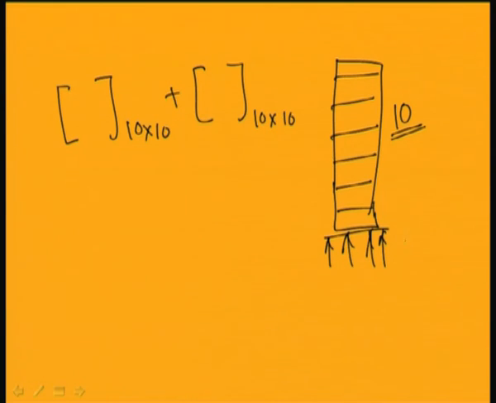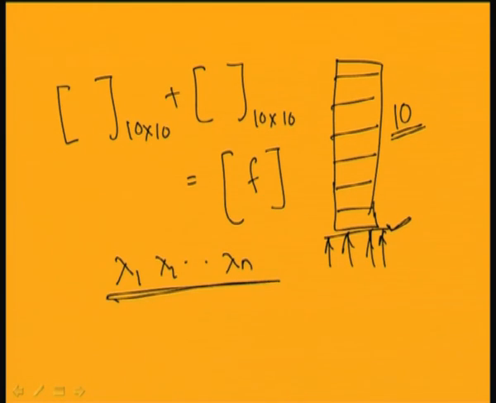It is subjected to some forcing, let this force vector be F. From the modal analysis you can find the natural frequencies or normal mode frequencies of the system, let them be lambda 1, lambda 2, up to lambda n. You can observe that the excitation frequencies are very low and may be within the first few normal mode frequencies.